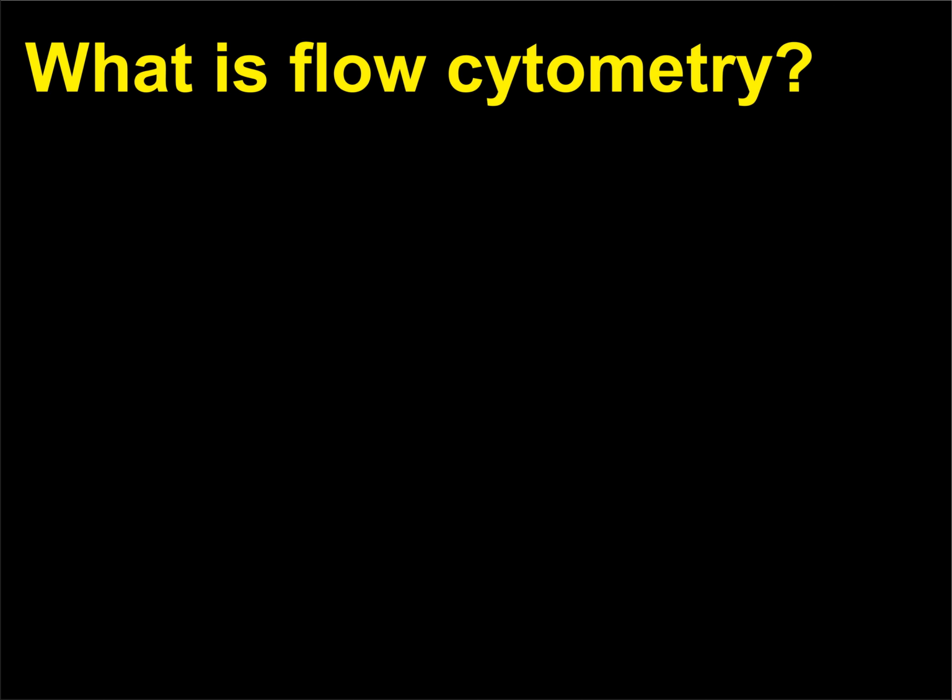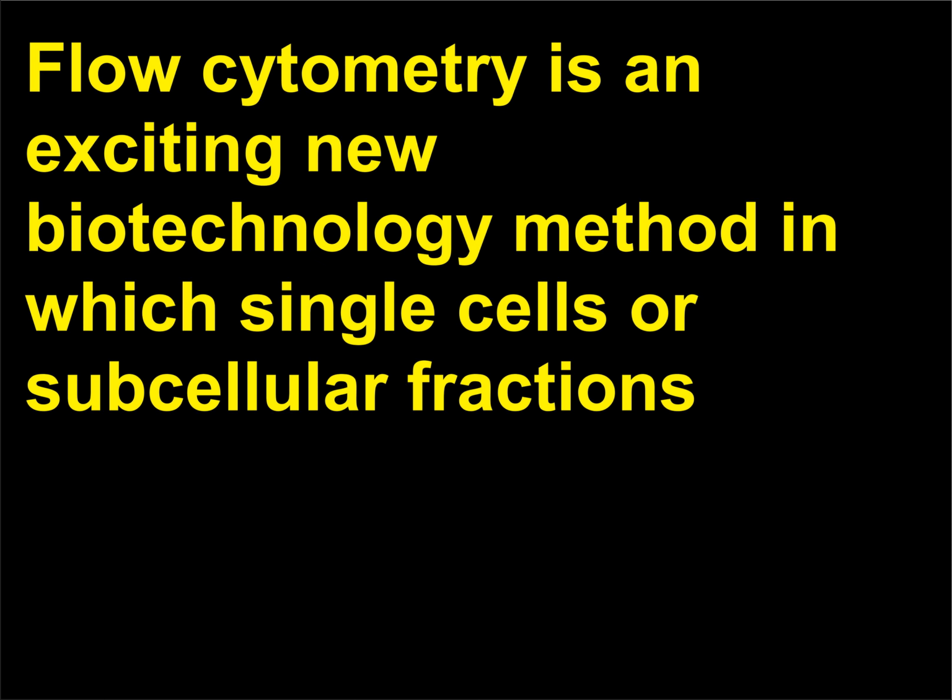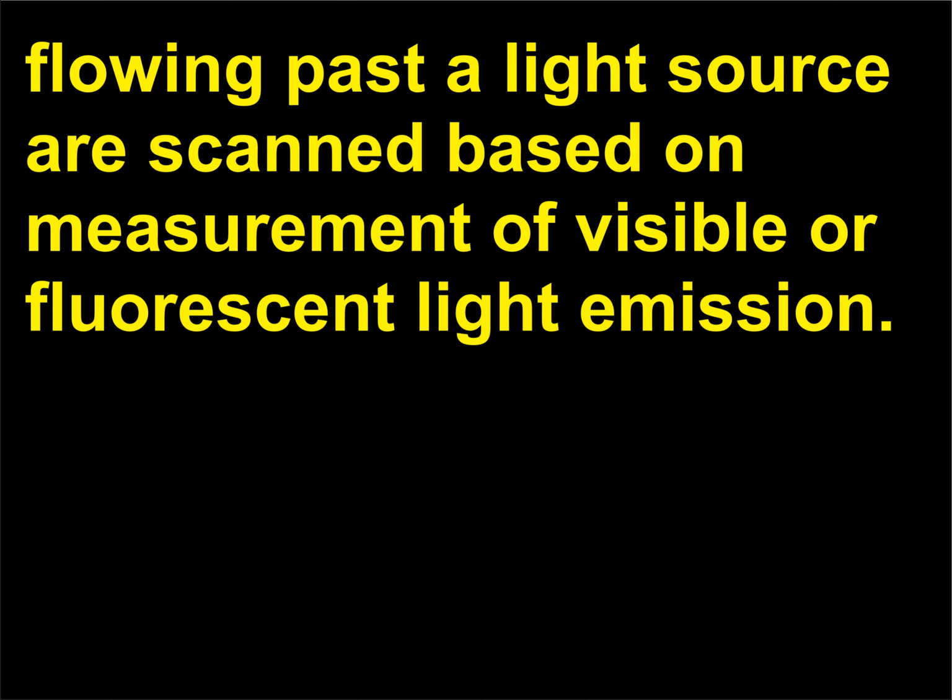What is flow cytometry? Flow cytometry is an exciting new biotechnology method in which single cells or subcellular fractions flowing past a light source are scanned based on measurement of visible or fluorescent light emission.